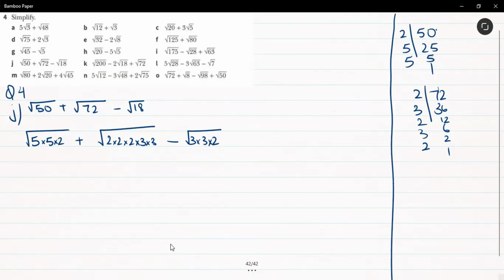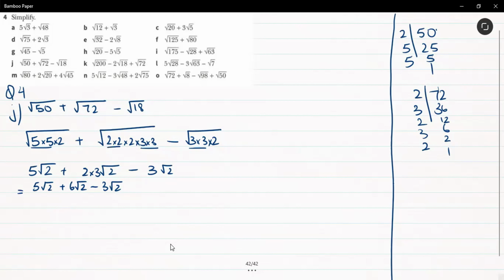Now just make the pairs and simplify. We've got 5√2 plus, a pair of 2 and a pair of 3, so 2 × 3√2, minus a pair of 3, 3√2. That gives us 5√2 + 6√2 − 3√2.